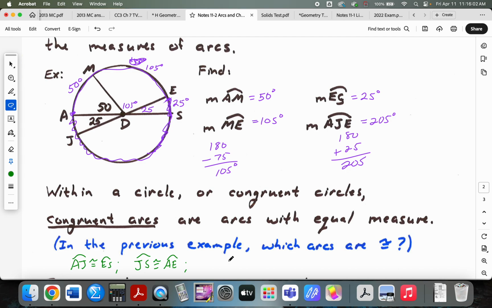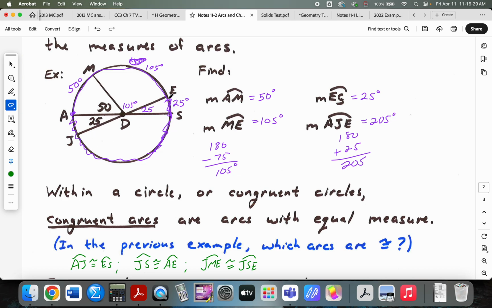Yes. Arc JME and arc JSE. I thought you were saying RJSE, and I'm like, wait a minute. So JME, that's 180 degrees.